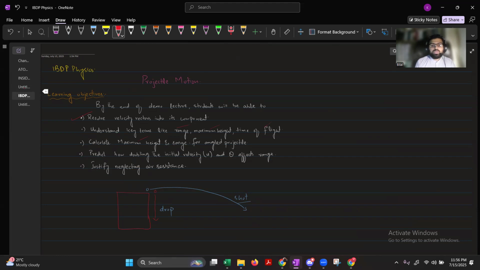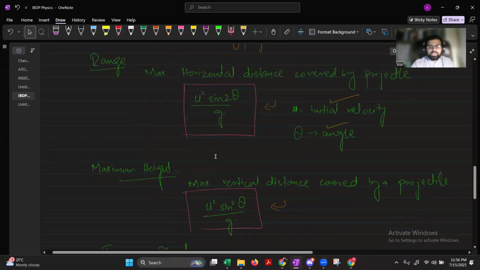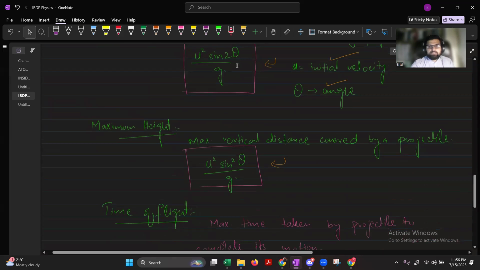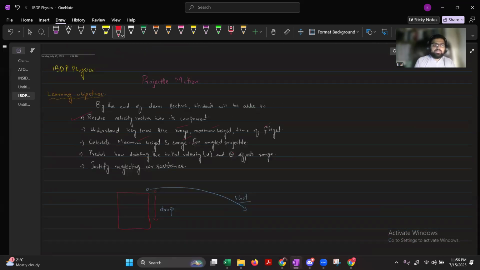We also talked about maximum height and range at different angles, and you can just plug in different values of u and theta in these formulas, and you can get height and range. We will also calculate the height in this given question that we will solve right now.